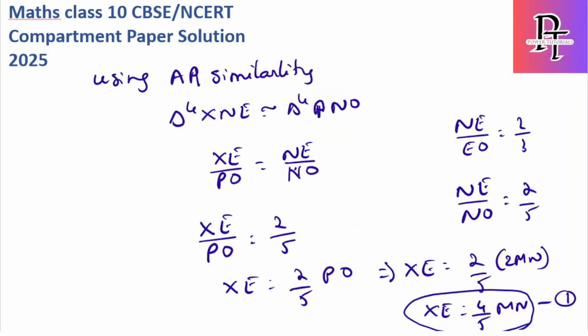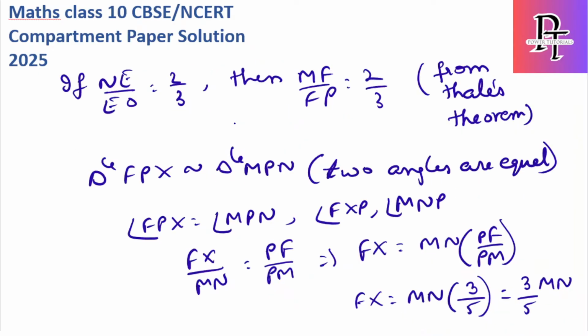So let me change again. It is 3 by 7 now. NE by EO is 3 by 4, then NE by NO becomes 3 by 7 because 3 plus 4 is 7. So this is 3 by 7 PO, 3 by 7 into 2MN, so this becomes 6 by 7 MN.